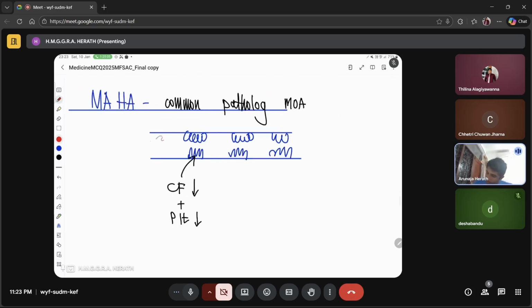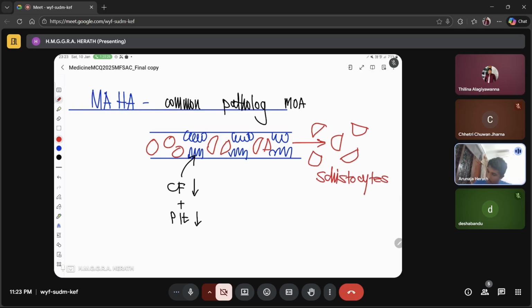And what happens to the RBCs when they go through these clots? They get cut into small pieces, right? These clots are like razor blades, so they get cut into small pieces. And these piecemeal RBCs are also called as what? Schistocytes.